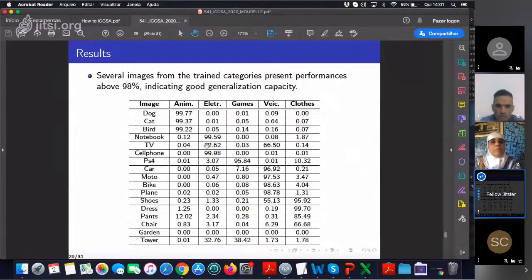Electronics, we have notebooks, TV, cell phones, games. Others have chair, for example, 66, but this is not comparable with the other objects addressed.